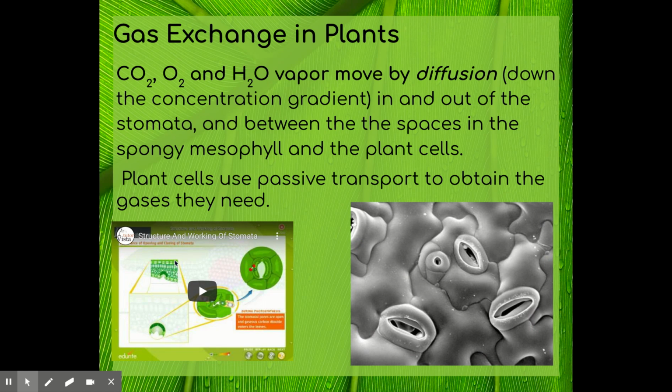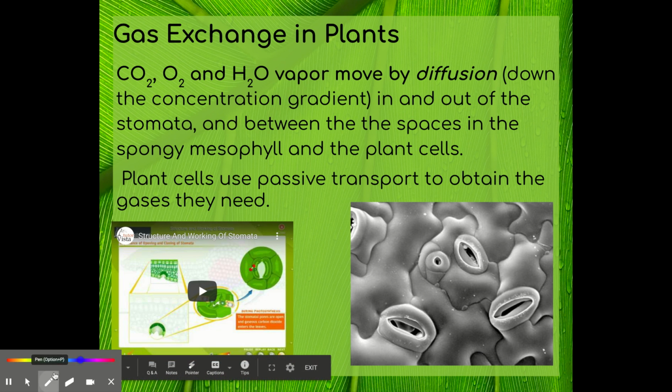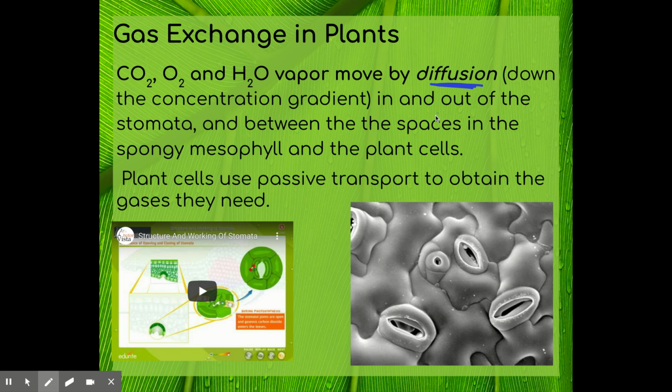So we know that the gases we're talking about when it comes to exchange in plants are carbon dioxide, oxygen, and water vapor. And all three gases move through diffusion, okay? They move down the concentration gradient. So this is your little reminder that this would fall under passive transport because no energy is required.